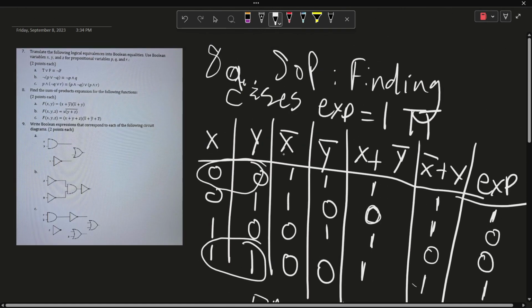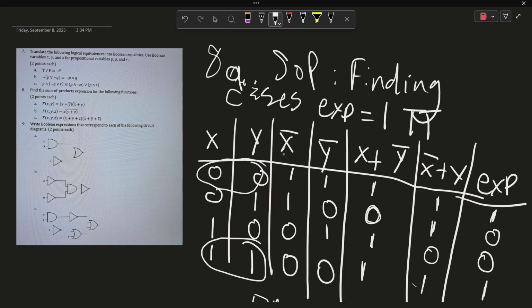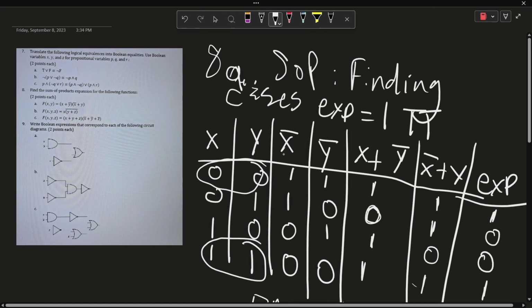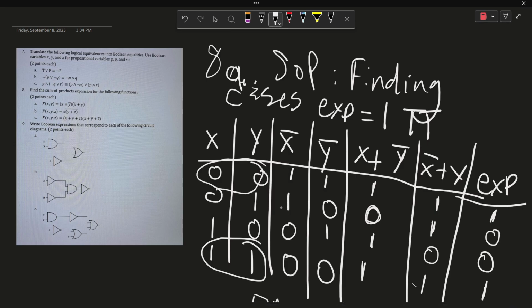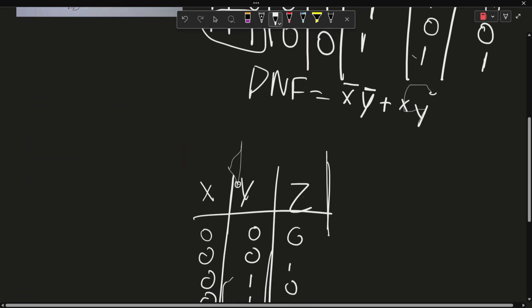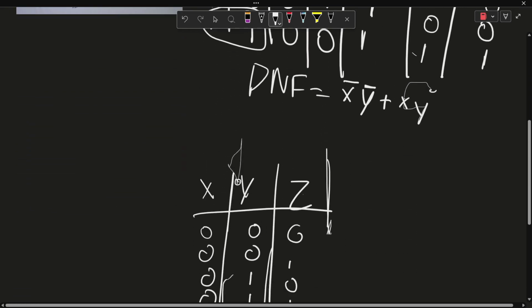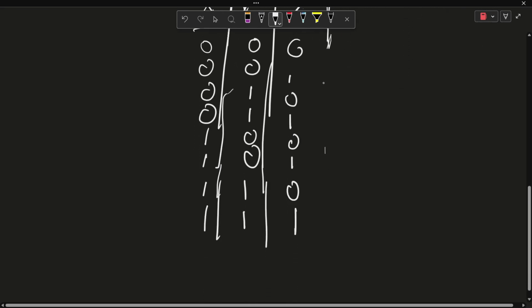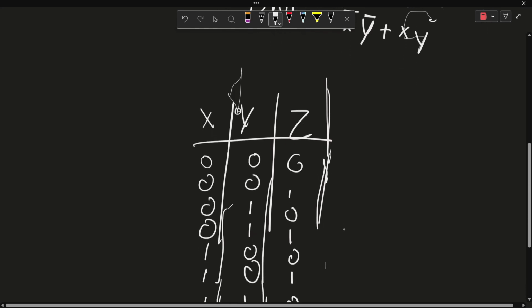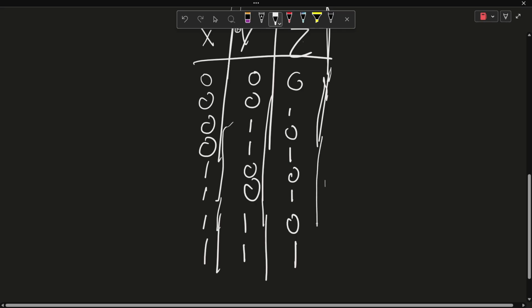What's that second one? X and not y plus 7. I'm getting used to this drawing tablet.